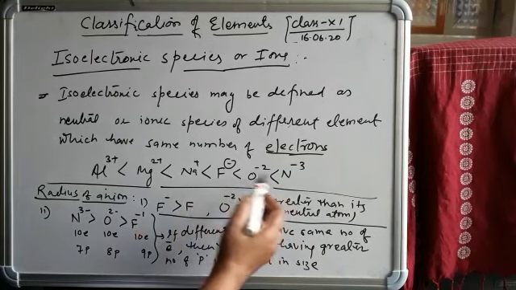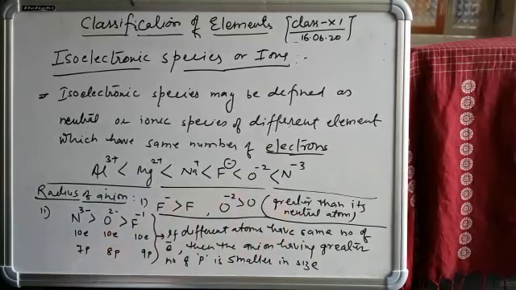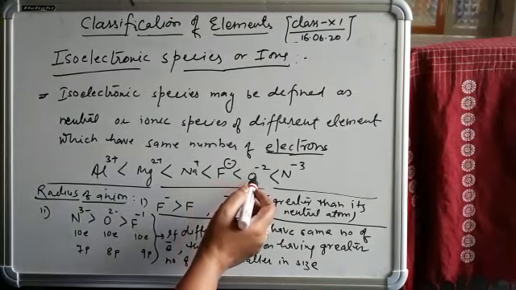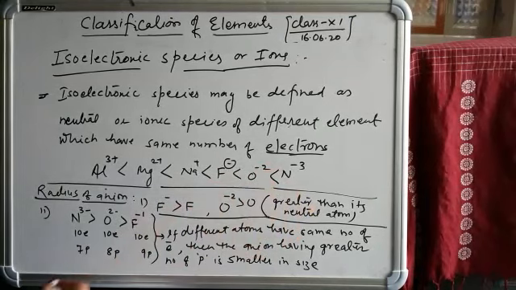So in this way you can see which one will be smaller in size. Why does the chloride ion have smaller size than the oxide ion, and why is the nitride ion greater in size than the oxide or fluoride? So this is about the anion.